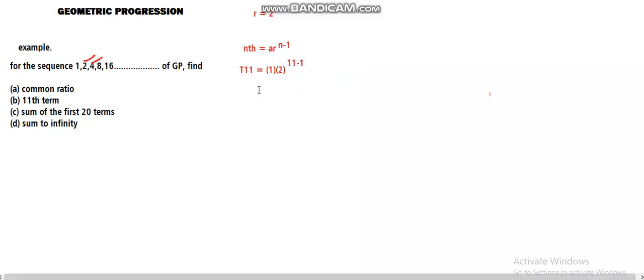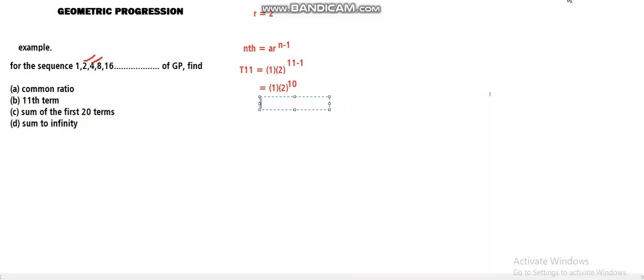So we continue to work out. So you have 1 times 2 to the power 10. So 2 will be the only number that has been raised to the power 10. So first you need to punch 2 to the power 10.